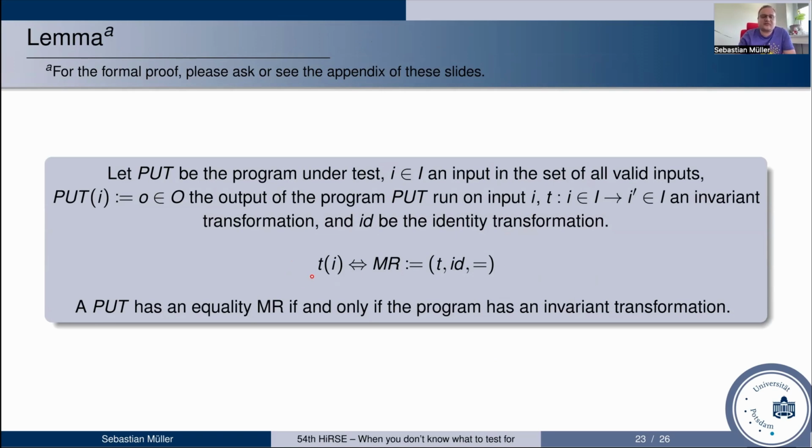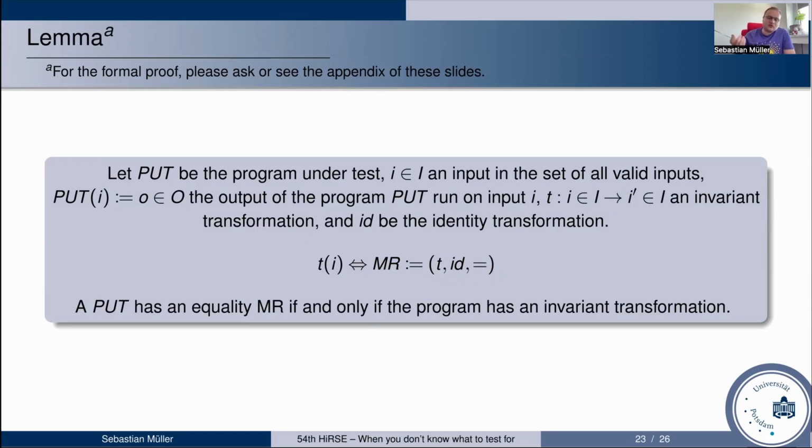The important bit is that whenever we have an invariant transformation, let's call it T of I, then we will always, always, always have a metamorphic relation of the form: we are using this invariant transformation, our output transformation is the identity, so we're not changing anything, and the comparator is the equality.